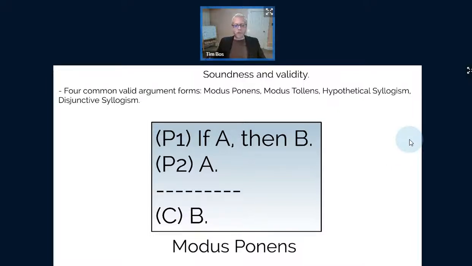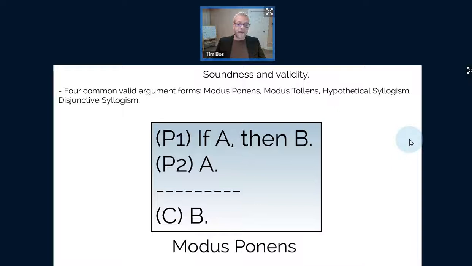Because notice, premise number one is not committed to the truth of A or B. This is something to recognize about conditionals. In any if-then statement, when it says if A then B, notice that statement says nothing about whether A is true or B is true, or A is false or B is false. It's not saying anything about that.